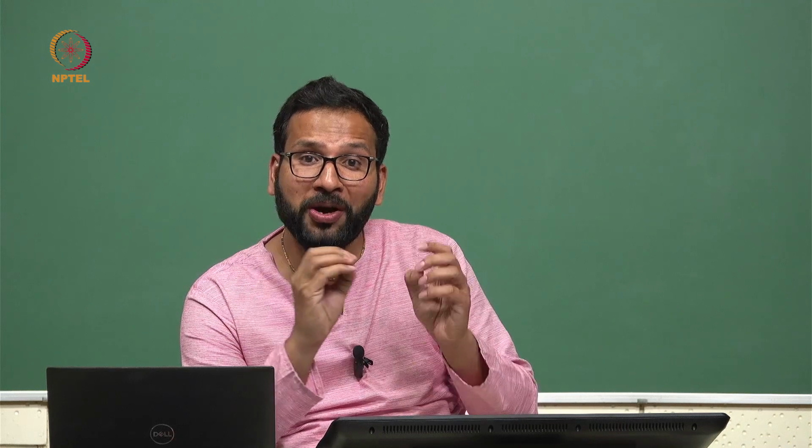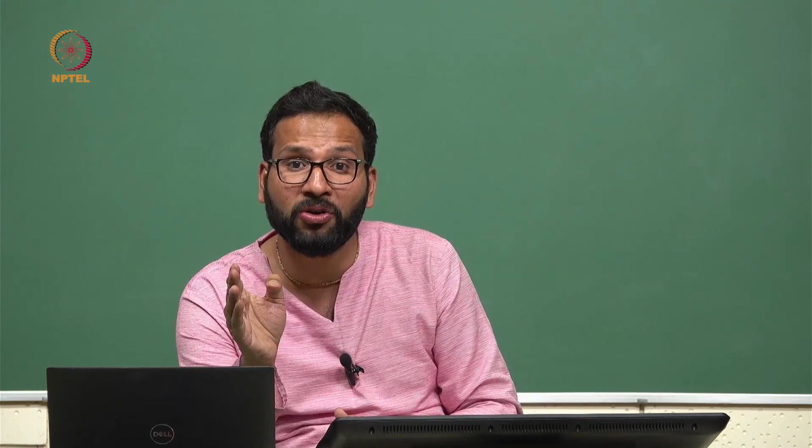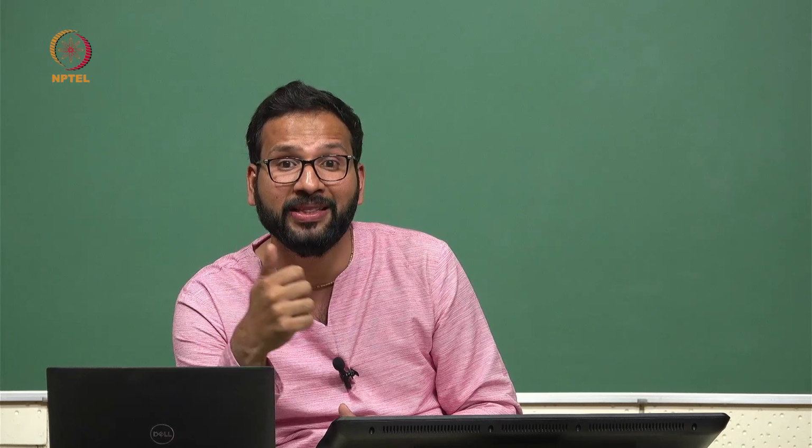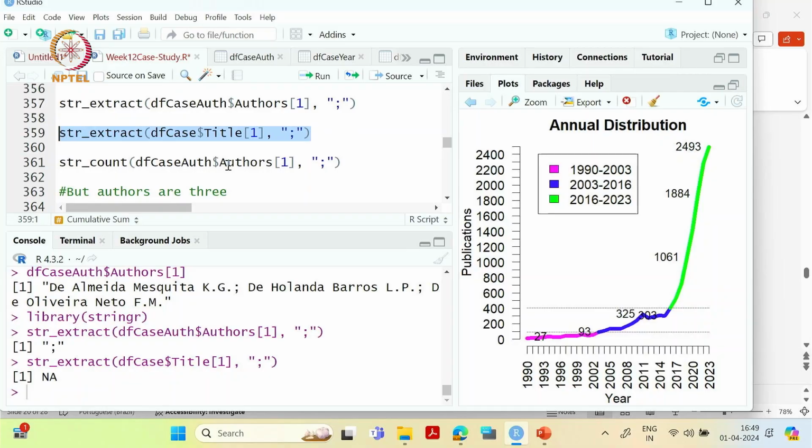This package has another function called str_count, that exactly counts how many times that pattern is present in that particular string. For that we call it like this: this is our first data of authors, and then this is the pattern.